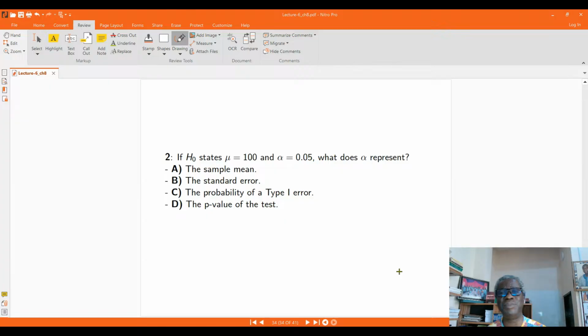A, the sample mean. B, the standard error. C, the probability of a type 1 error. D, the p-value of the test. Everybody should get this.